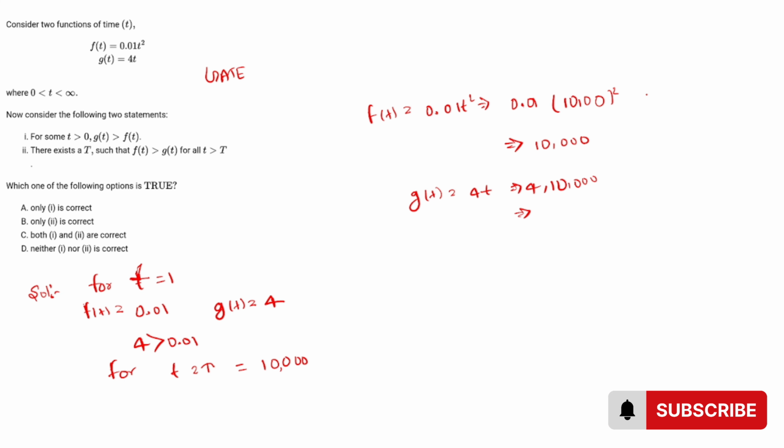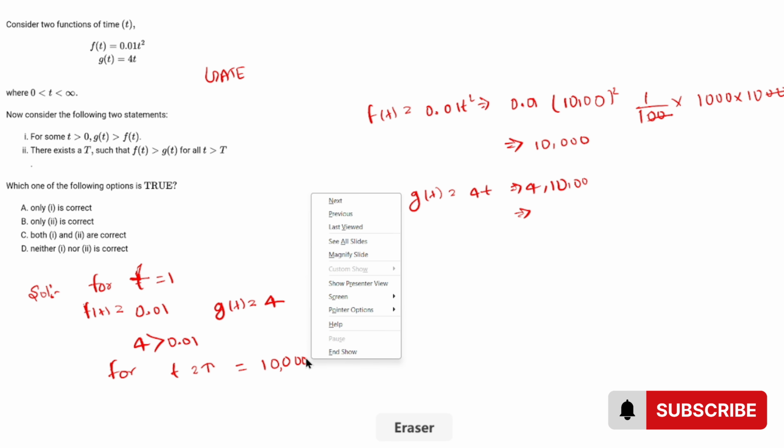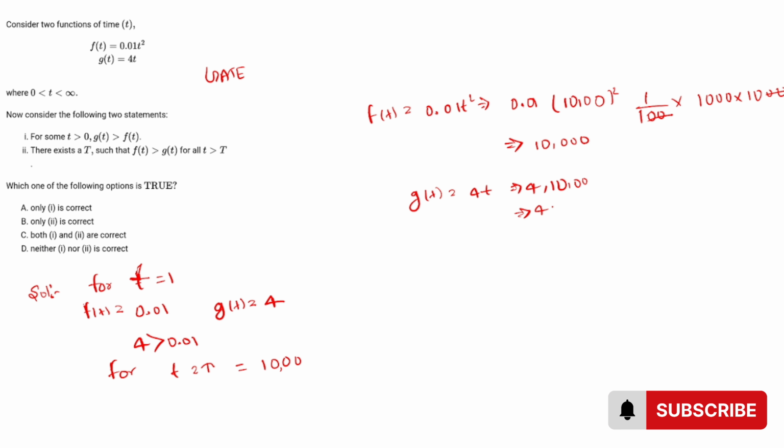So 1 by 100 into 1,000 into 1,000, two zeros cancel, and this is 10,000, and 4 into 1,000 is 4,000. So f of t in this case is greater than g of t.